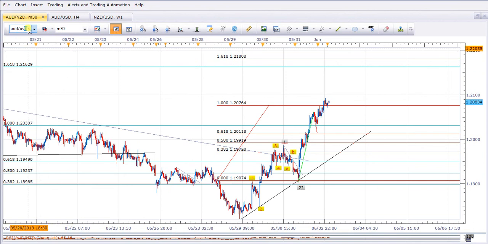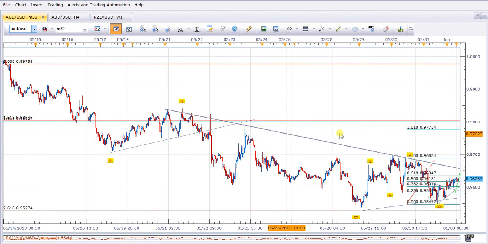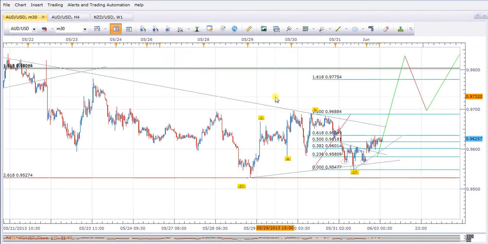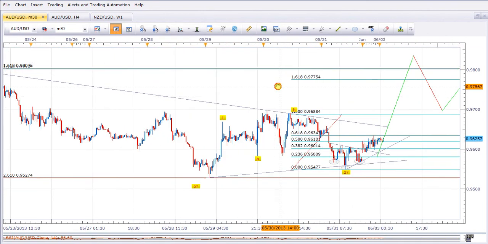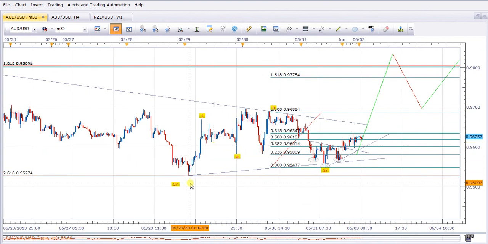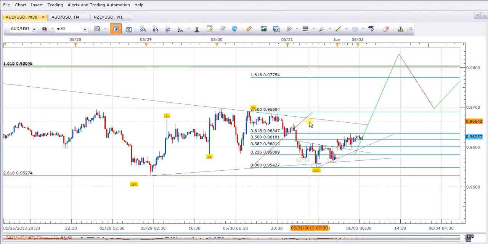Another pair that I'm eyeing at this current time is the Aussie Kiwi. It's a pair we've been monitoring, and we have been looking to enter this position.